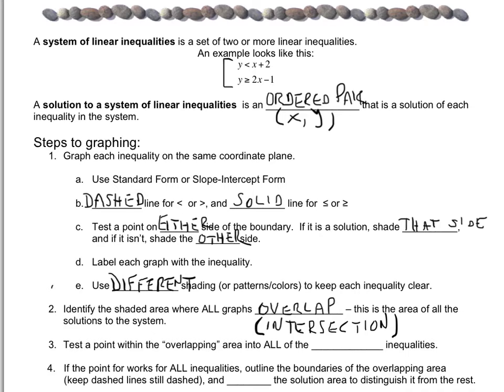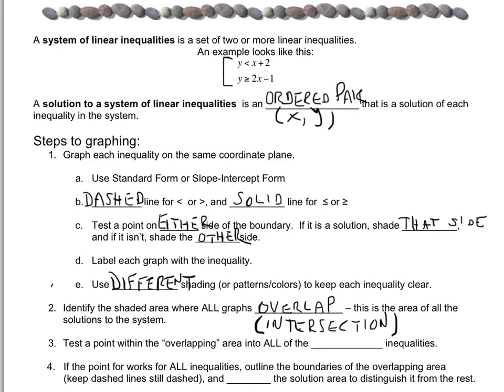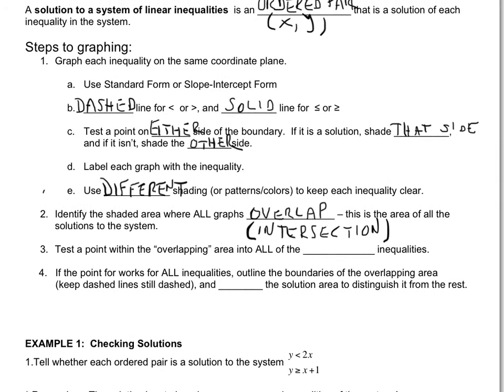Remember, in our systems we're looking for points that are in all of the equations, or now inequalities, of our system. So as we did with the equations, we then test a point within our overlapping area to make sure that it works in all of the inequalities. And we want to make sure that we are testing them in the original inequalities.